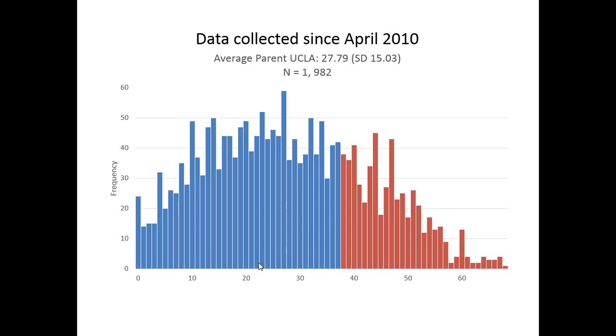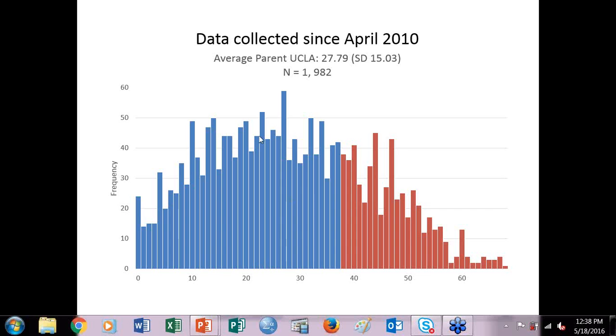And this is the average parent UCLA. It's at about a 27. So remember the magic number is that 38. And just to orient you a little bit on this graphic, the frequency on the y-axis is the number of kids or parents that responded that way, and the x-axis is the severity score. So you can see my mouse here.